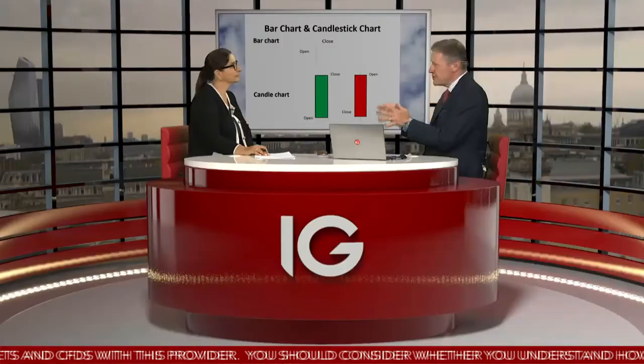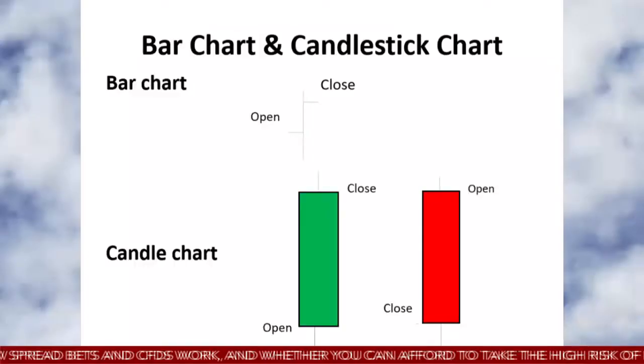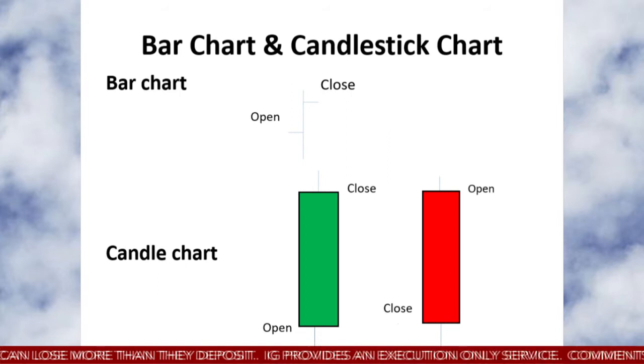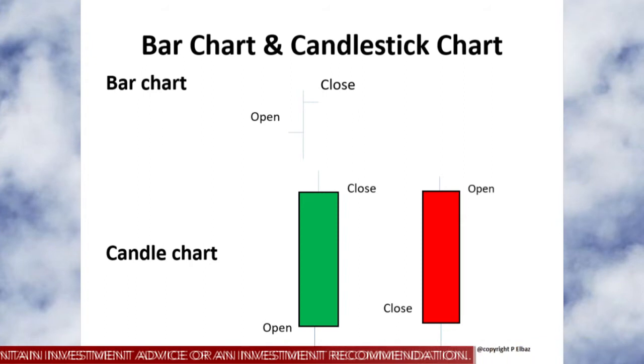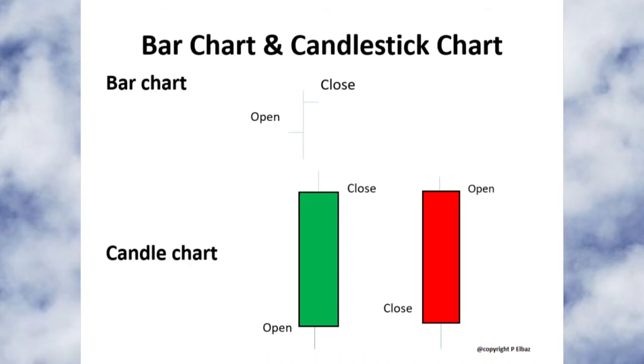Okay, you've mentioned two sort of candlesticks there, but let's go back to basics. You've given me some graphic slides here which indicate what they mean. Introduce us to the concept. Yes, so to have a candlestick chart, essentially you need four prices. So the open, high, low and close. So if we look at that, the bar chart gives us exactly that.